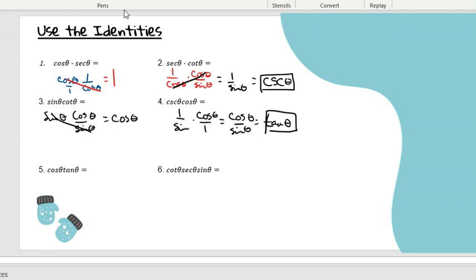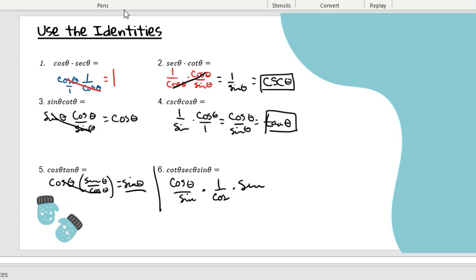And that's my final answer. Cosine theta times sine over cosine. These cancel, and that gives me sine theta. Final answer.